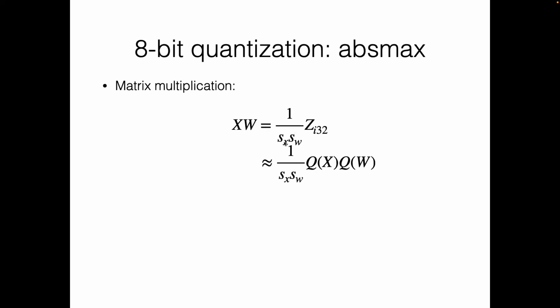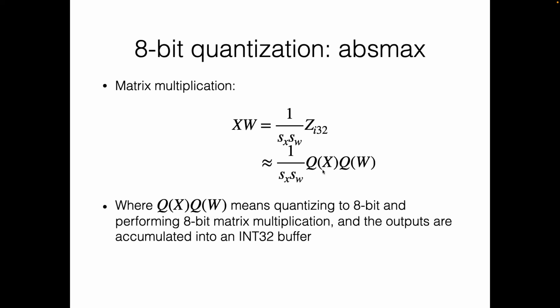Well, what you can have here is the two scales that you get during quantization. And then here you have some integer matrix. We'll come back to this in a bit, but you could see here it is basically quantizing this matrix X and quantizing the matrix W. That's what the notation represents.